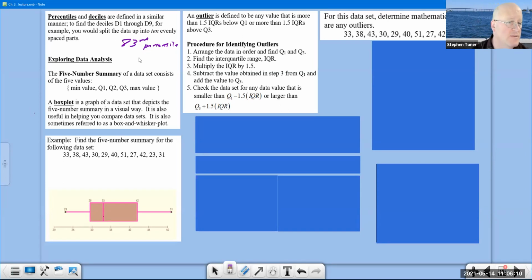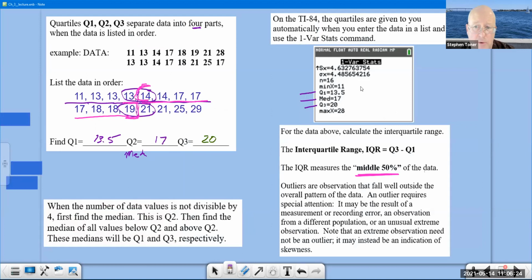Now, the 5-number summary consists of these 5 values. And let's note that those are the last 5 values that show up when you do the 5-number summary. Notice these values at the bottom of the list: the minimum, the first quartile, the median, the third quartile, and the maximum values. Collectively, those are the 5-number summary.